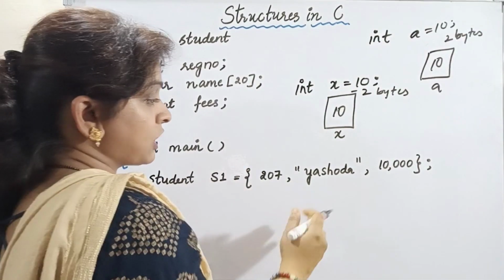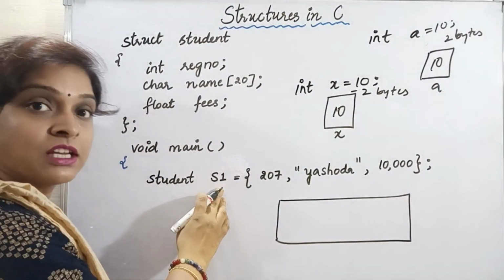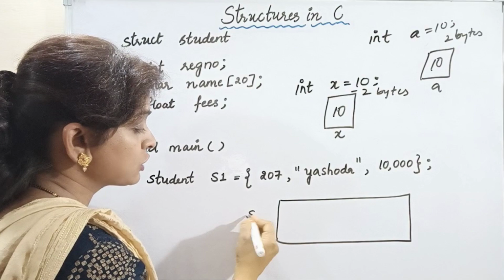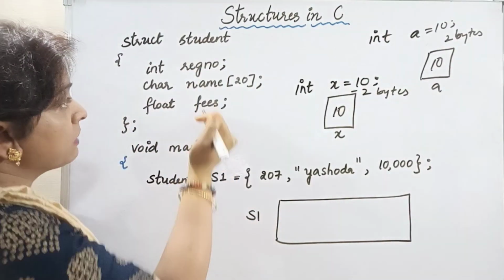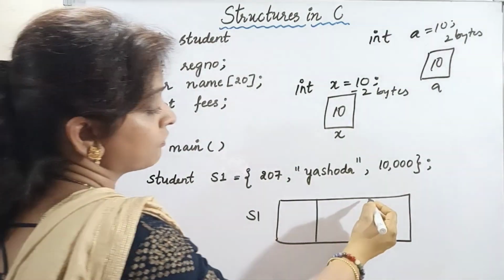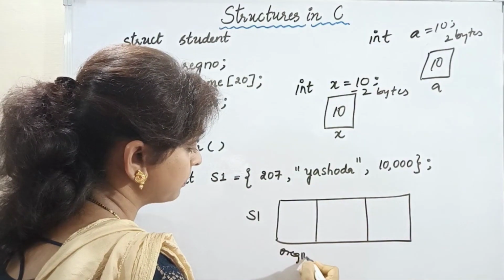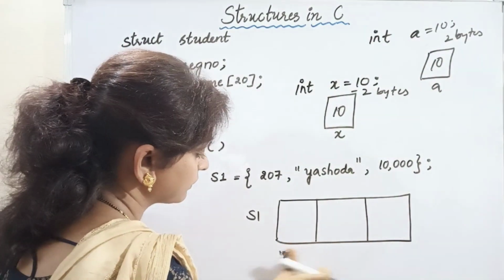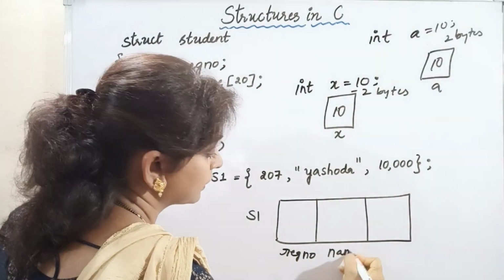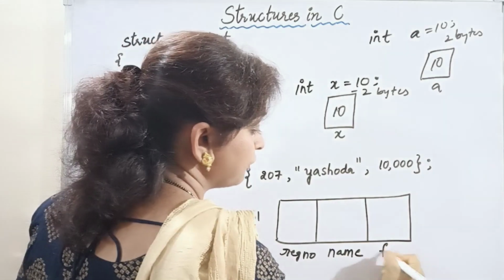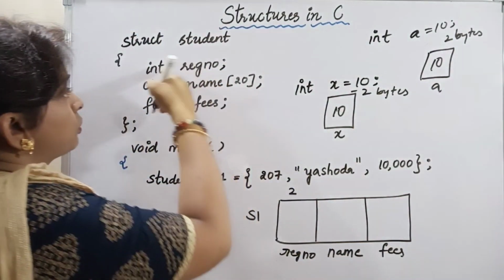So what happens now? Here when I say yes1, as soon as the compiler encounters this structure variable declaration, it is going to allocate the memory for that depending upon its members. So how many members do we have? We have register number, we have name and then fees. Register number is of integer type, so 2 bytes.